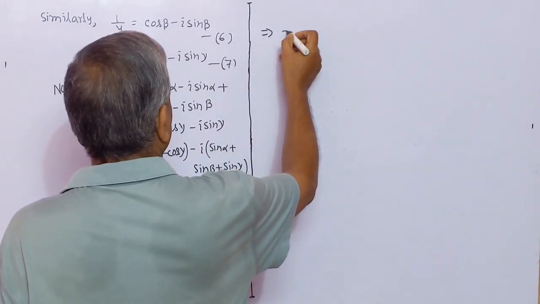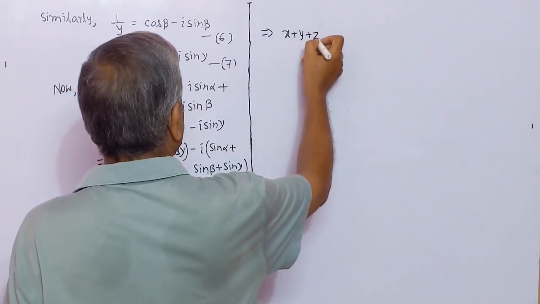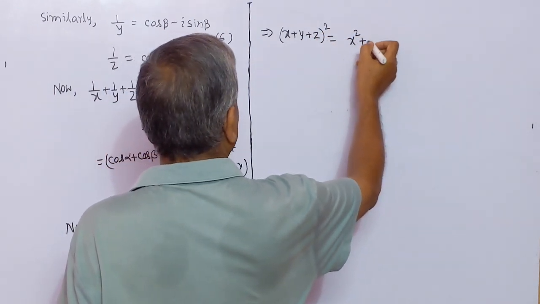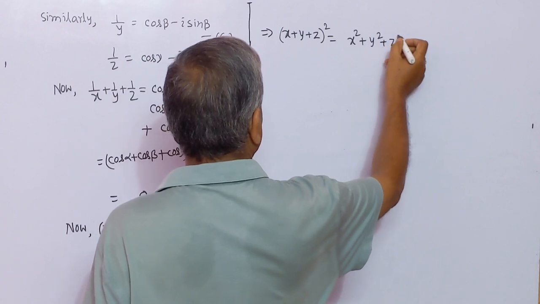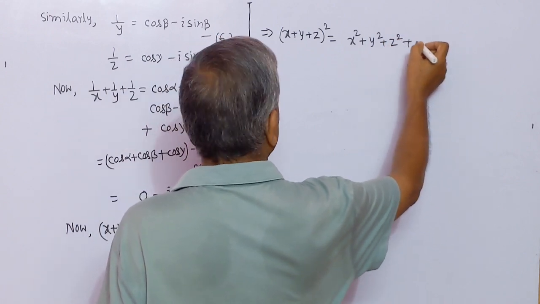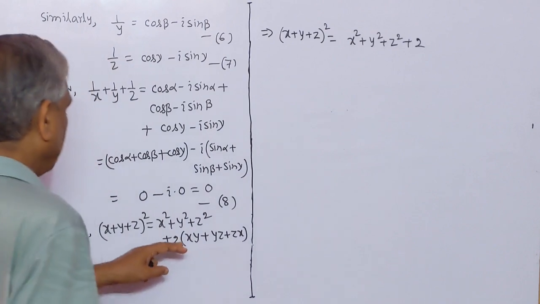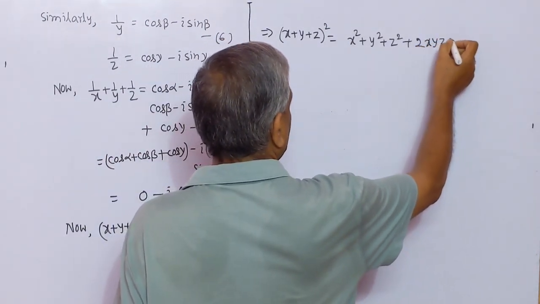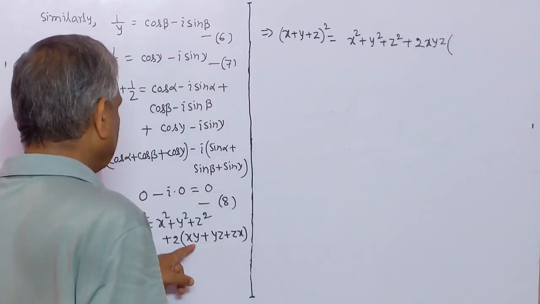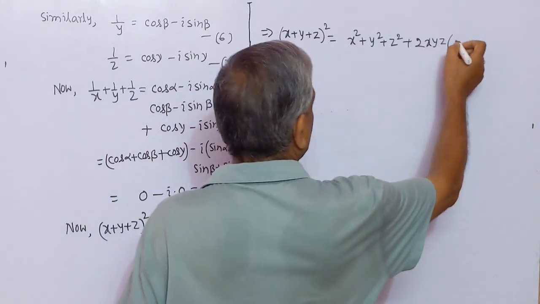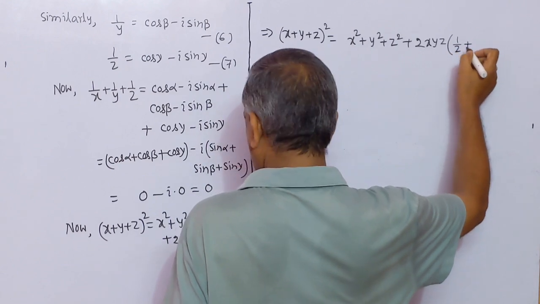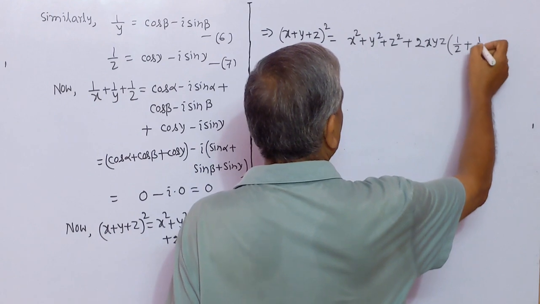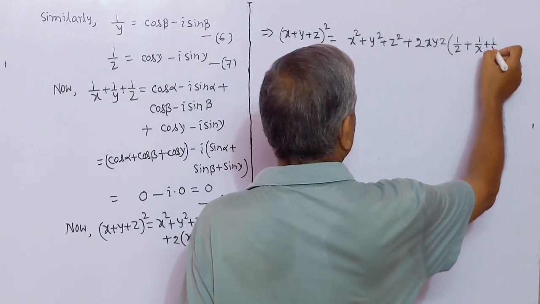This implies that x plus y plus z whole square equal to x square plus y square plus z square plus 2, we take common xyz. Here we have xy, so remains 1 by z, plus here yz, so remains 1 by x, and here 1 by y.